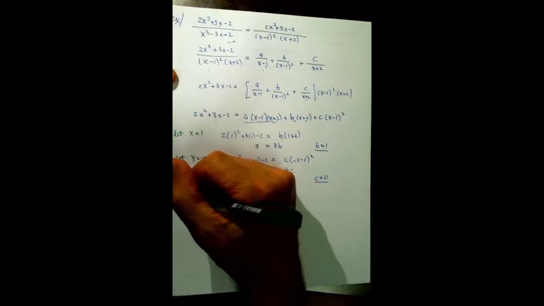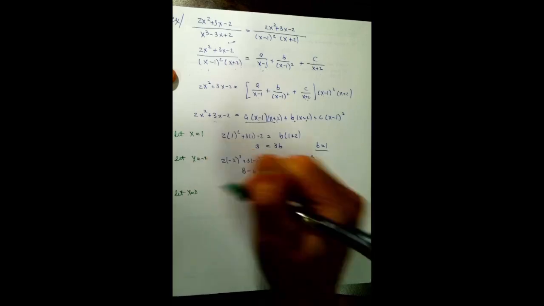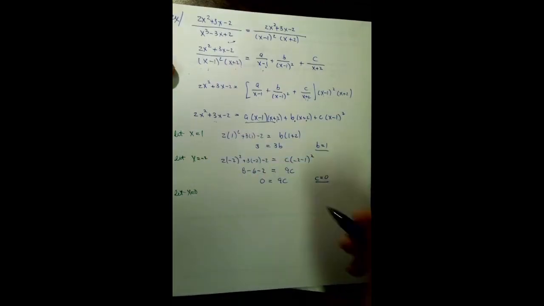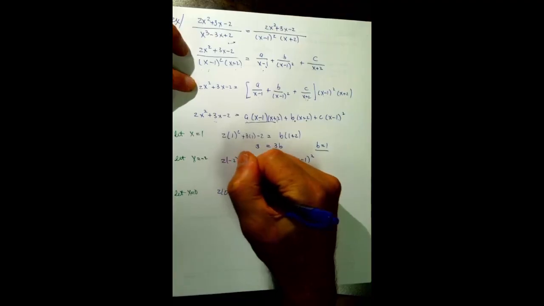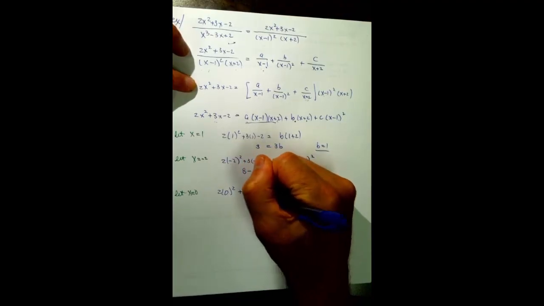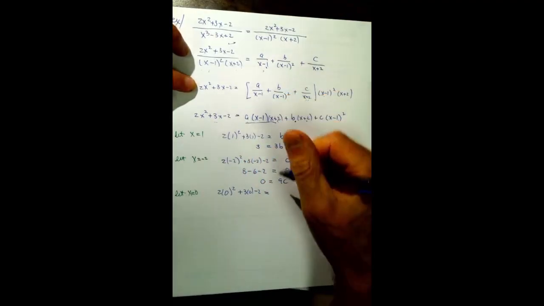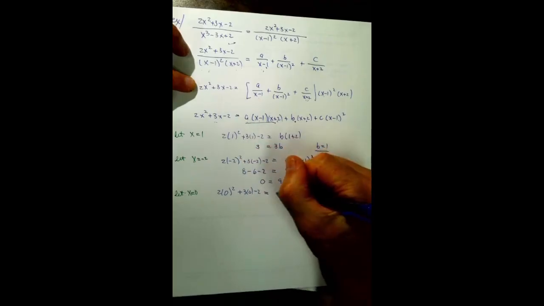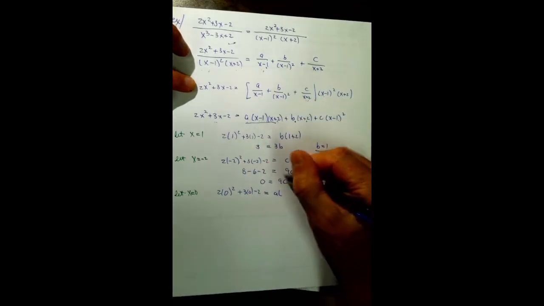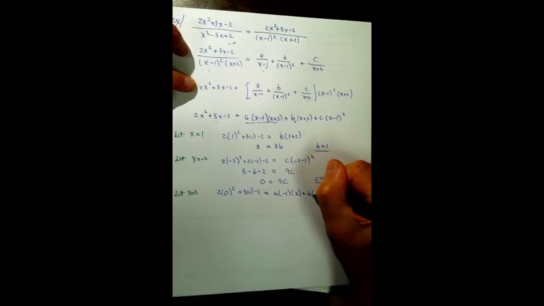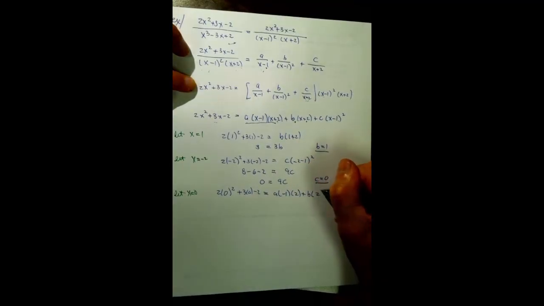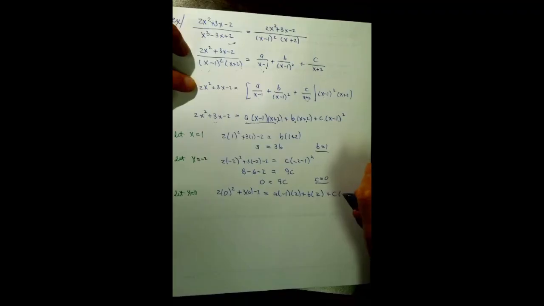I'm just going to arbitrarily let x equal 0 on the left because that tends to be nice. Sometimes it's not. So I'm going to get 2 times 0² plus 3 times 0 minus 2. And then in this expression, I'm going to get a times −1 times (0 + 2), plus b times (0 + 2), plus c times (−1)².